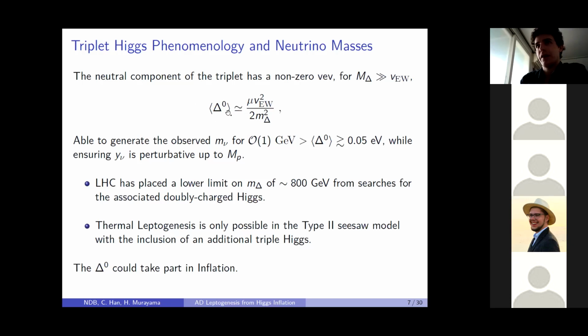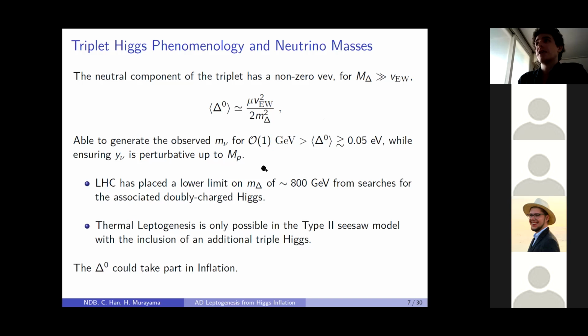Now, this is constrained by experiment from precision measurements of the T parameter, while we also have constraints, if we want to generate the correct neutrino mass, from requiring that the Yukawa coupling doesn't become non-perturbative at the Planck scale.